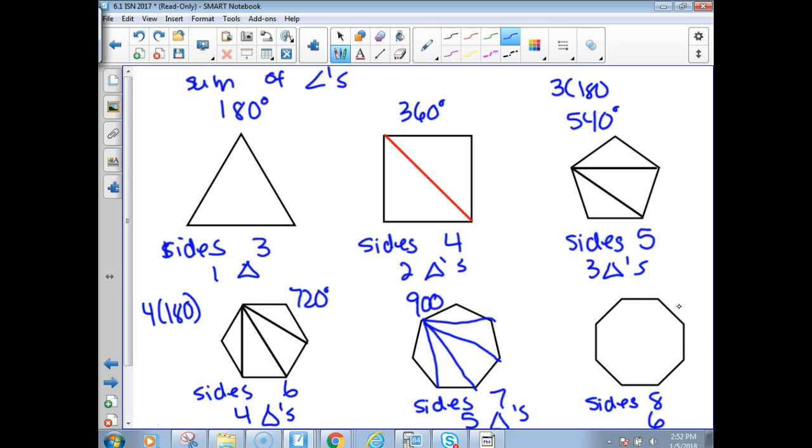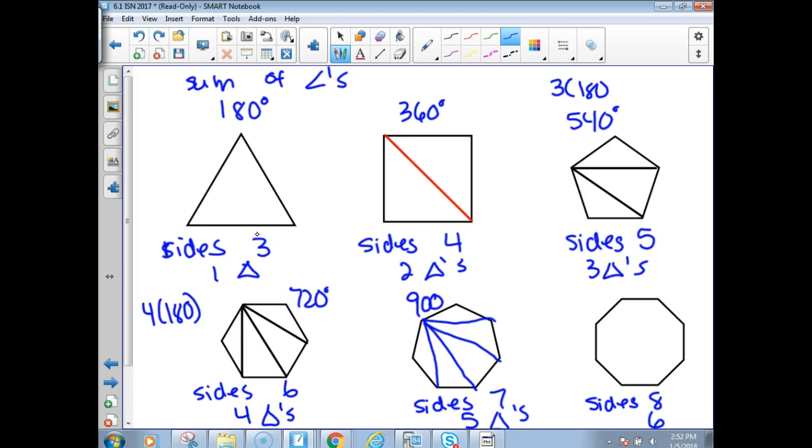Do you want to have to count and add up 180 every time? No, pain in the neck. So you want a formula. That's what we're developing. We're figuring out the formula that tells us what the angles are in any polygon with n number of sides. Okay, so n being the number of sides.